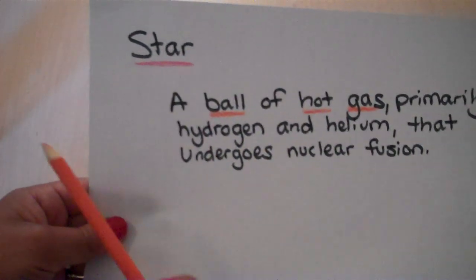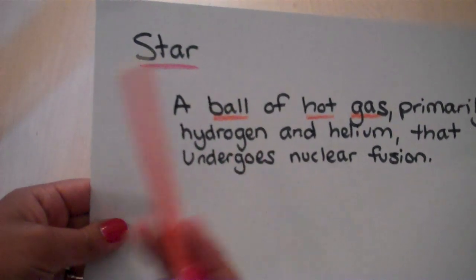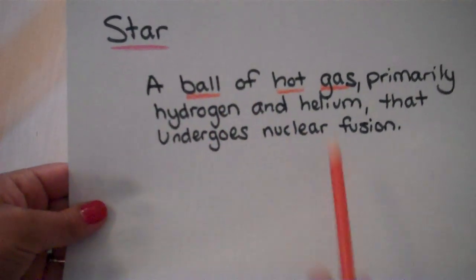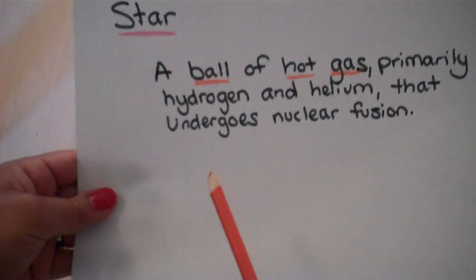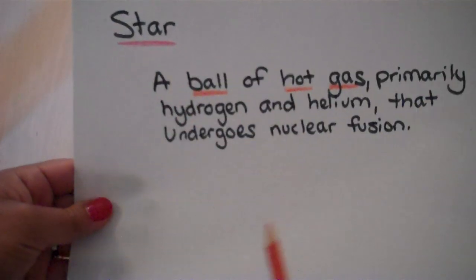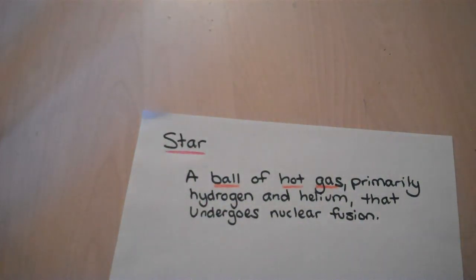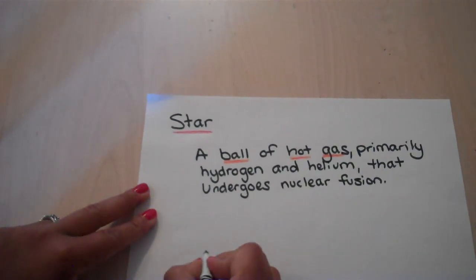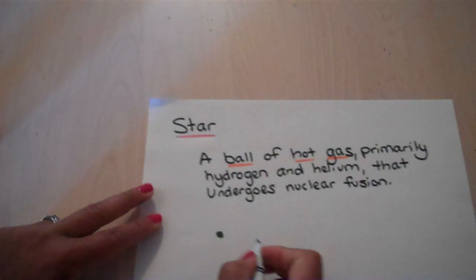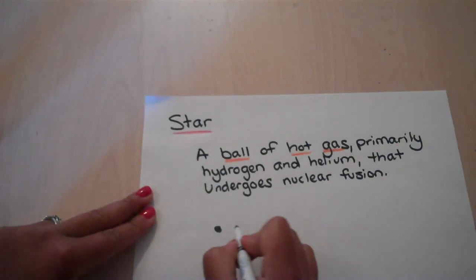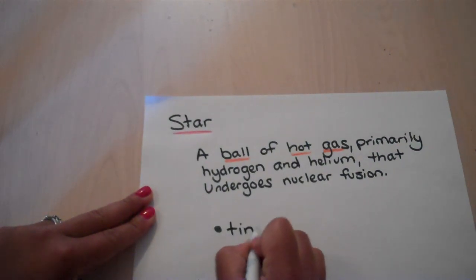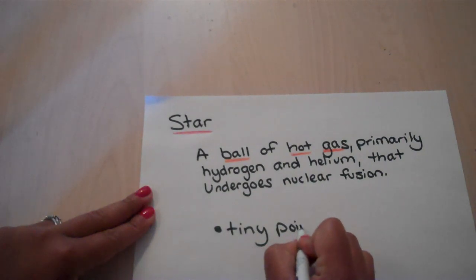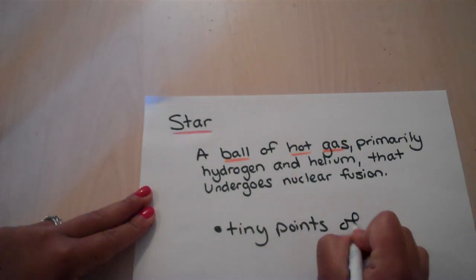Obviously we listed earlier the star that we have for our 8 planets is the sun. But when we're looking at stars, the interesting thing is that there's so much to think about, and normally we just think of them as tiny points of light.